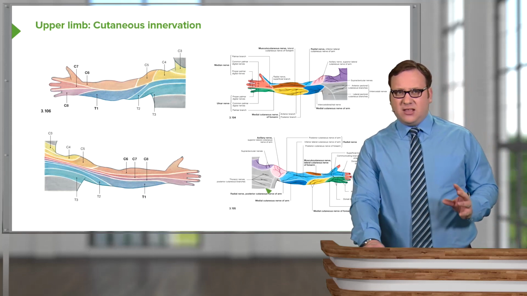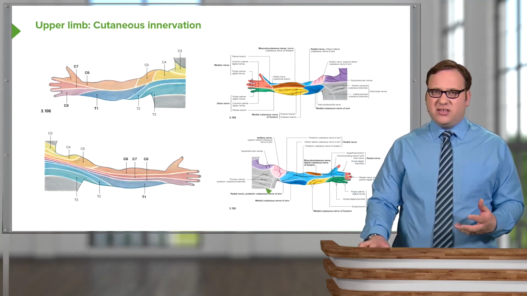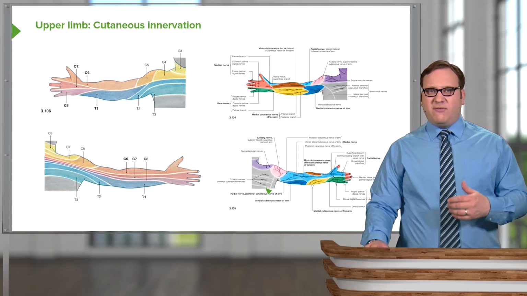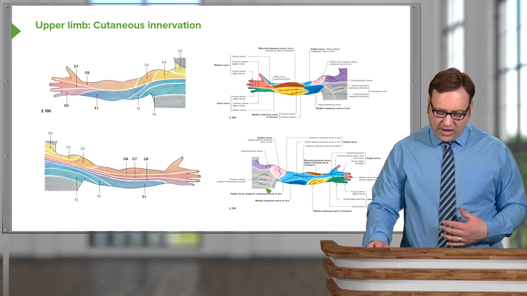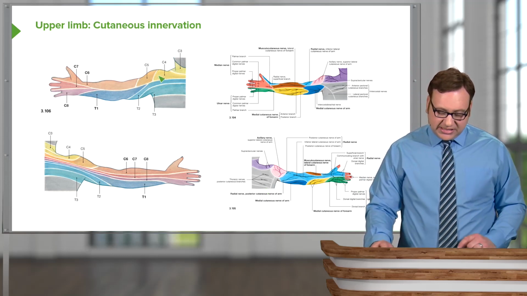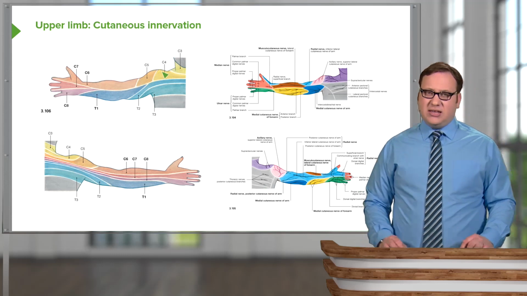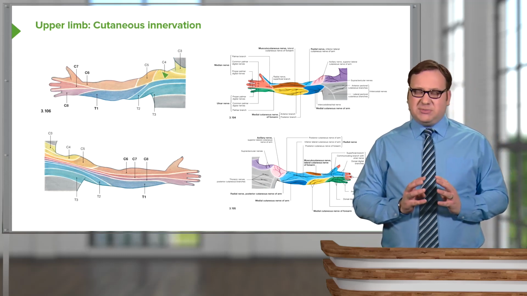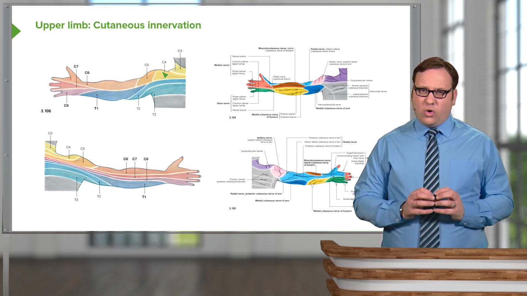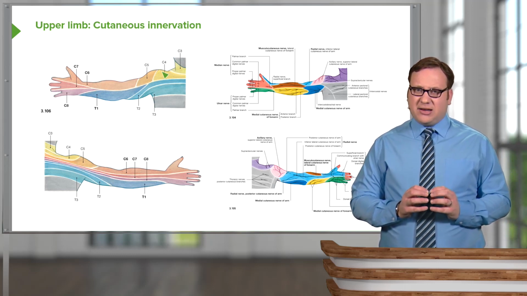But there isn't just one nerve that does it, an upper limb nerve. We have a whole series of what are known as dermatomes, specific regions of the body that receive a specific spinal cord segment's spinal nerve.